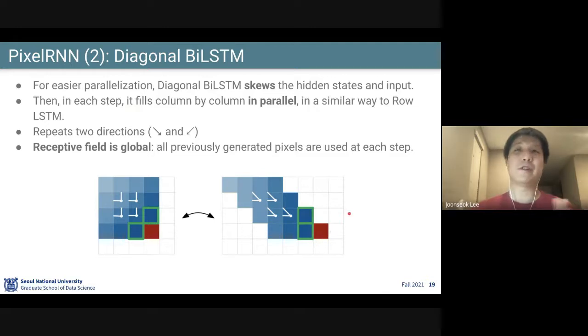It's just implementation details, and you can refer to the paper for more details. But in that way, the receptive field is global, which means they use all the pixels that are generated so far. Because this one is determined by these two, this one by these two, and so on.